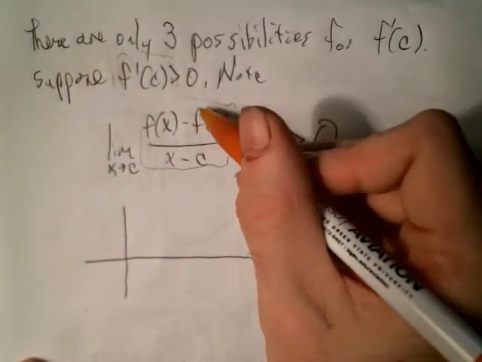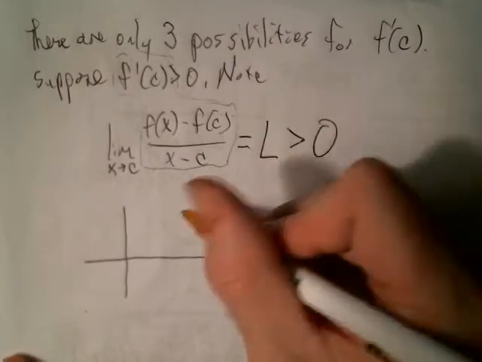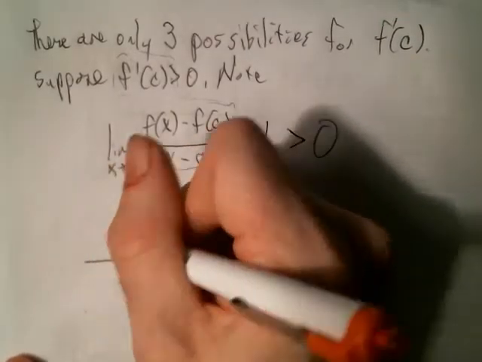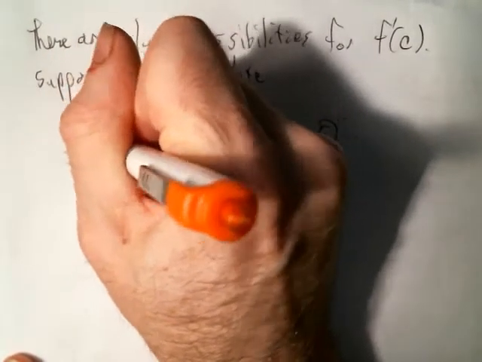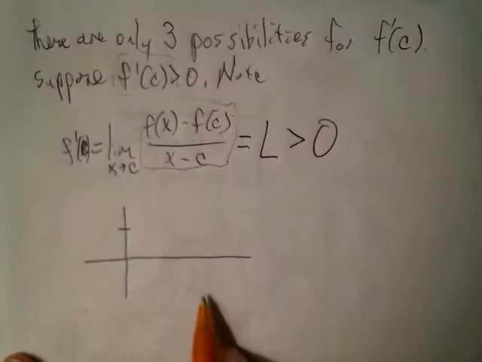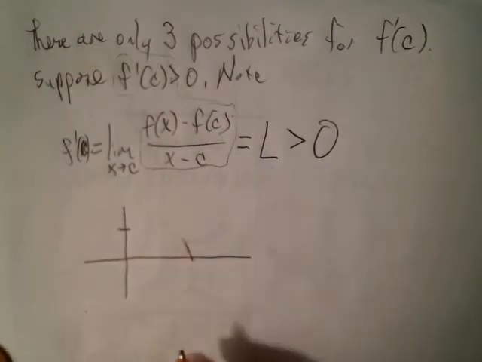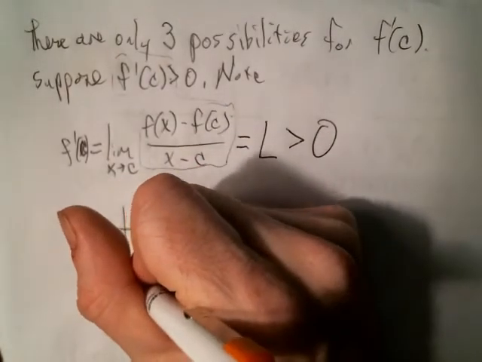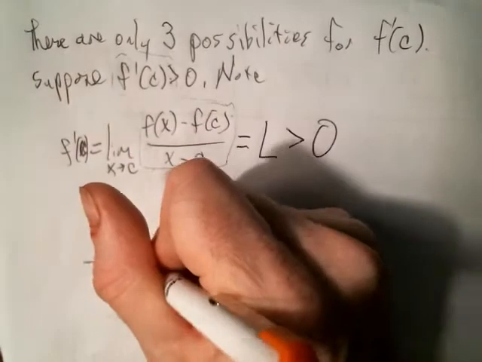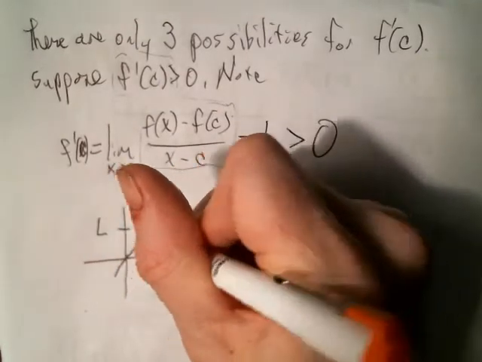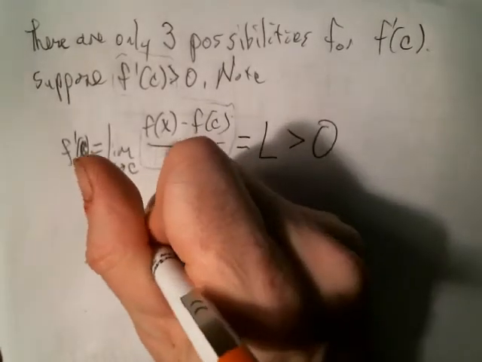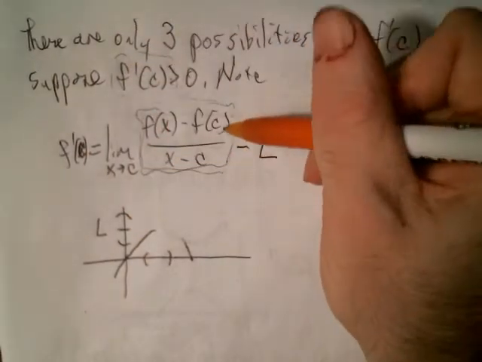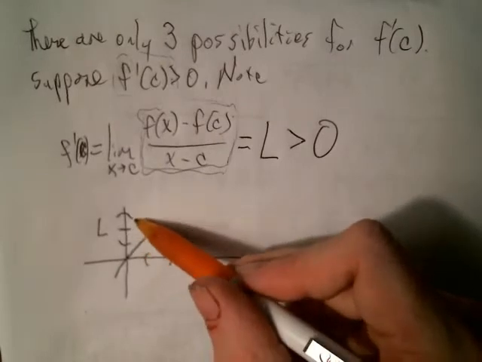Okay, so if this represents some function and it's going towards L, we'll just call it the derivative, right? f prime of c is equal to this thing, which is equal to L. It has to be the case that it's approaching this L value, and from the strict definition of a limit, we can find an interval around our x value such that these values will always be greater than 0, right?